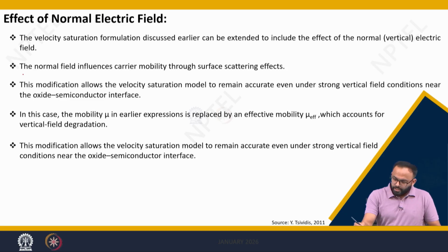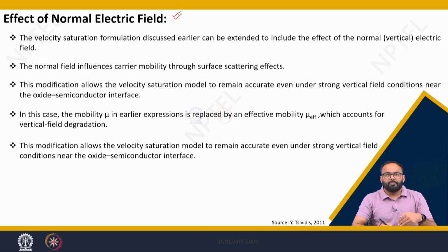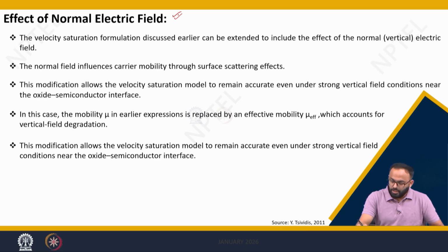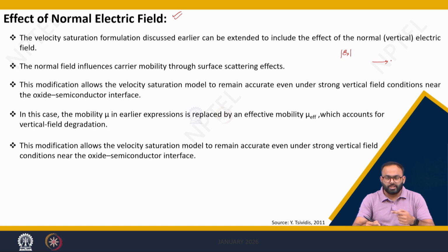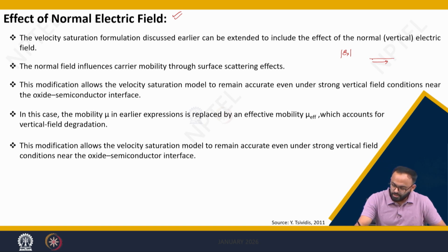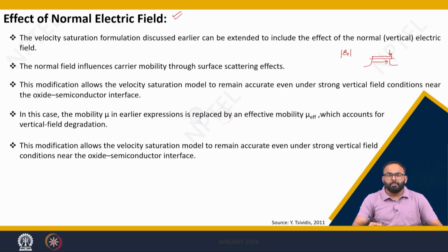So now how can we include the effect of normal electric field? Whatever we have done so far, we have only talked about EC or EX, right. EX is the electric field along the x direction or just parallel to the surface, but there is also provision to include the vertical field, because the carrier is influenced by the vertical field also.